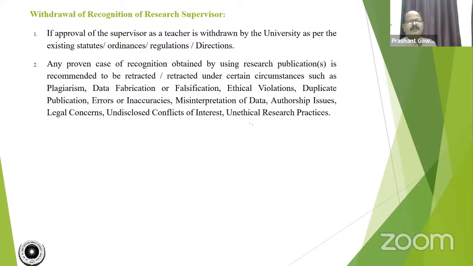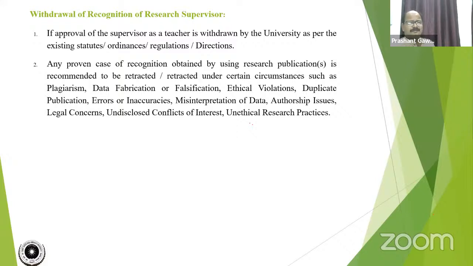If any supervisor fails in integrity, then there is a provision incorporated by most of the universities in India: the approval of the supervisor as a teacher is withdrawn by the university, by the statutes incorporated under the various universities acts.